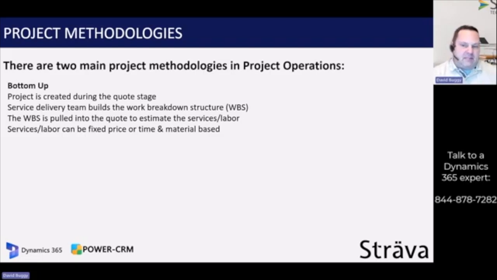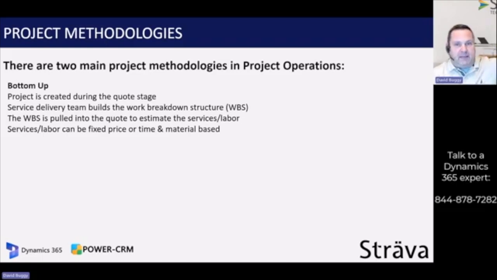But bottom up is basically where you're creating a project in the quote phase, and you're having your delivery or service team create the quote by building out the project task list. Okay, that then gets inherited back into the quote. So they're actually going in and building the tasks they have to perform with the hours that they expect they'll take.